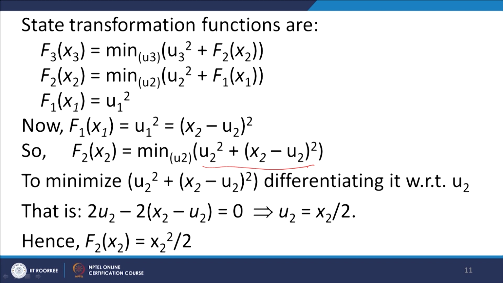In order to minimize it we differentiate with respect to u2, which gives us the condition 2 u2 minus 2 times x2 minus u2 is equal to 0, which gives u2 is equal to x2 by 2. Hence, capital F2 x2 is equal to x2 squared by 2.